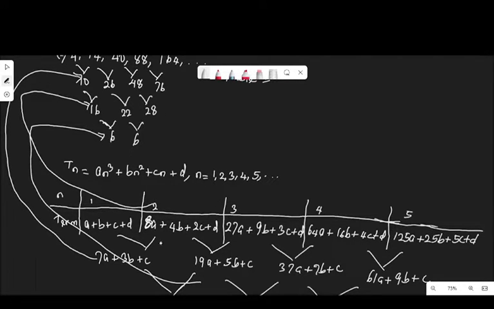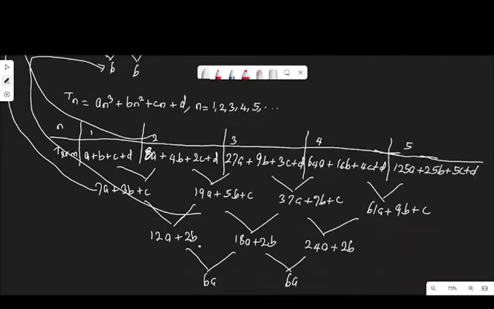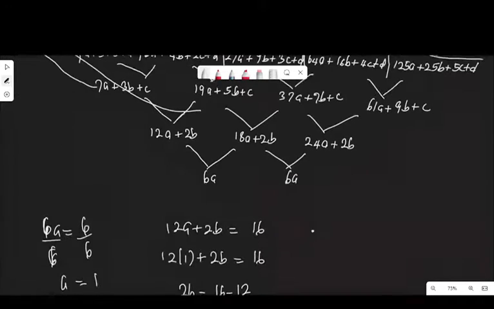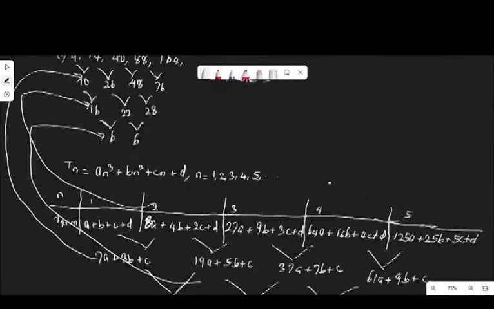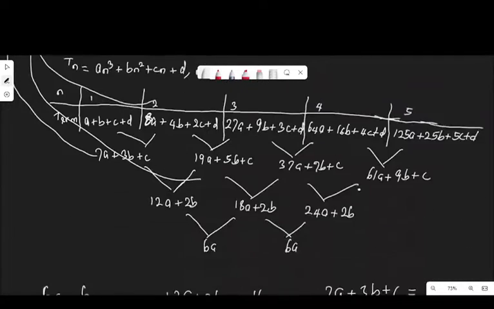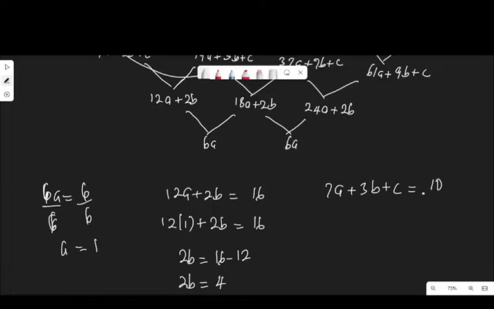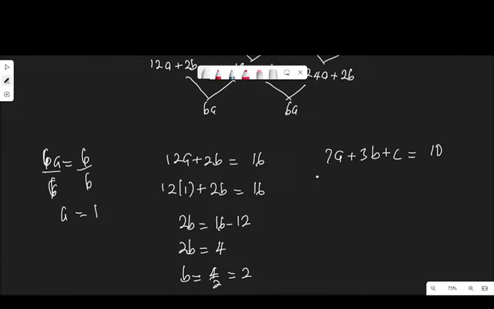So let me take the first one, 7A plus 3B plus C is equal to 10. We know A to be 1, so 7 times 1 plus 3 times, what is B?